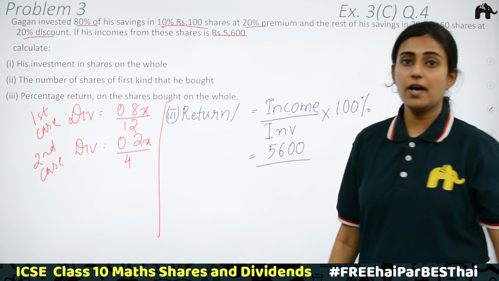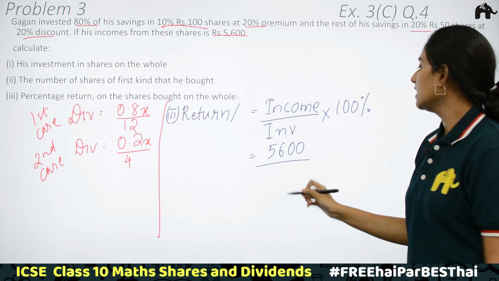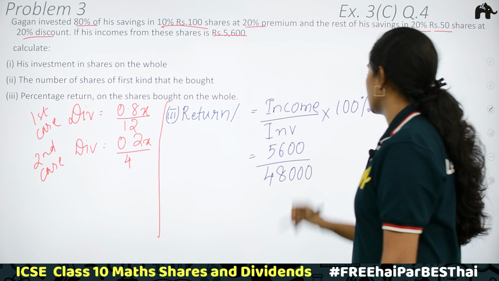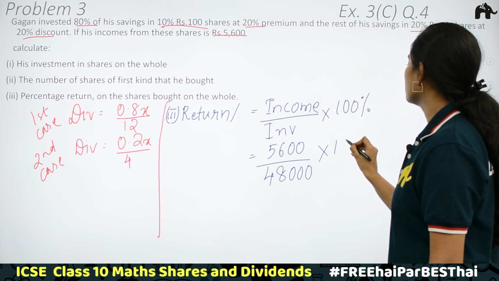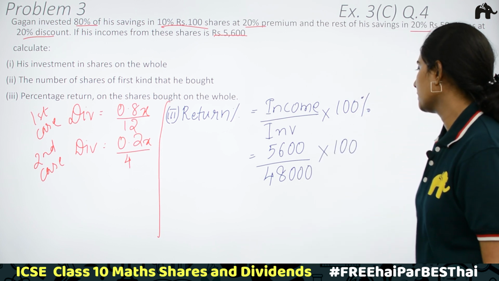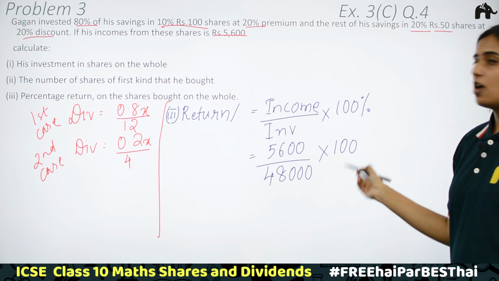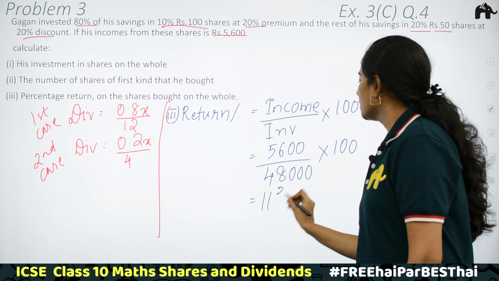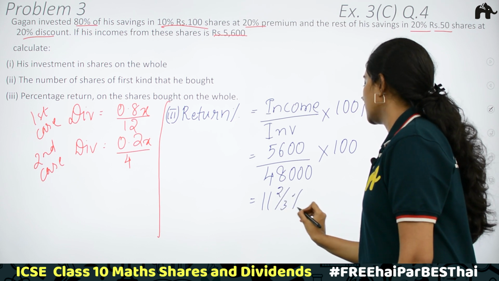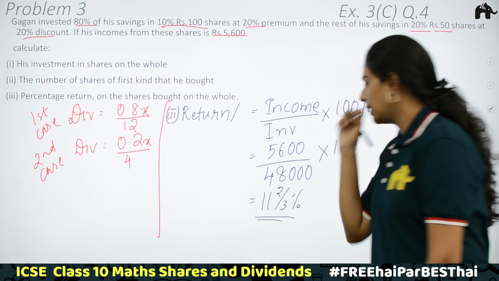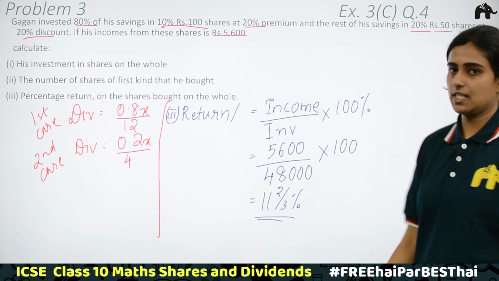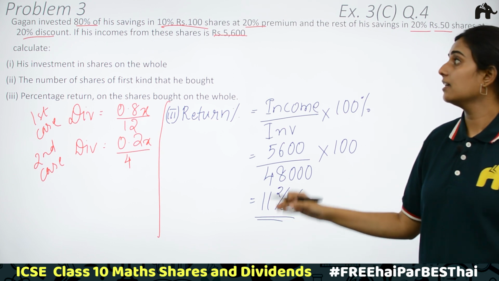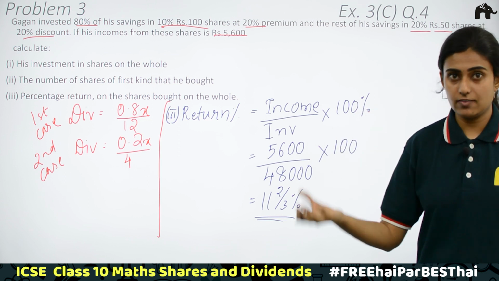We had determined the total investment, 48,000, into 100. Solving this, you will be getting 11 2/3 percentage. Clear?